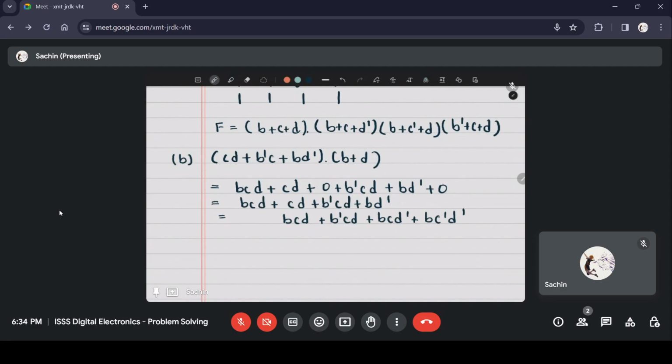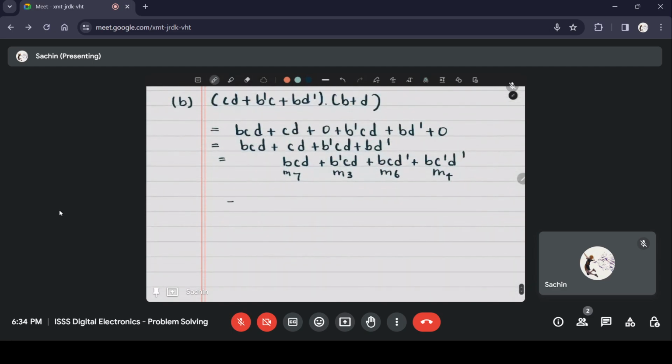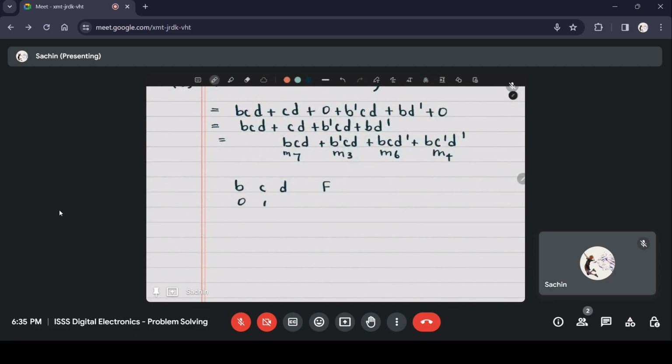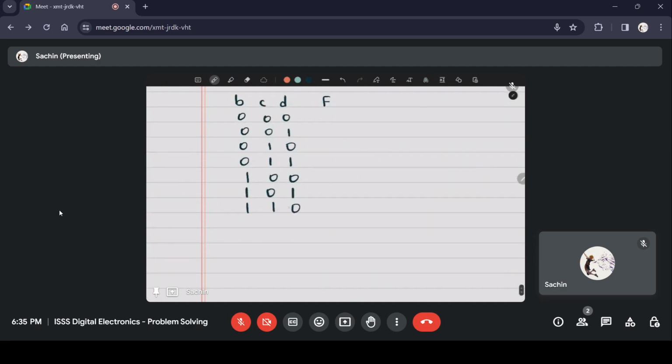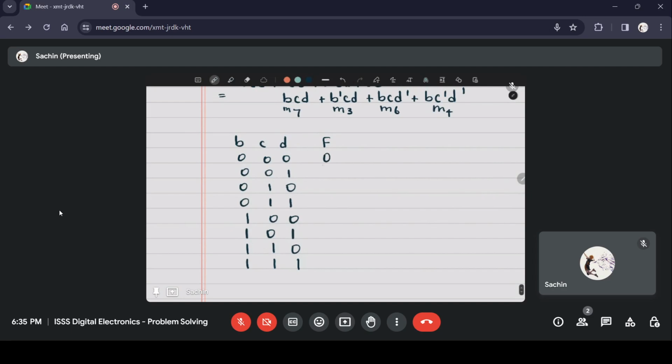This is M7, M3, M6, M4. M0, M1, M2, M3, M4, M5, M6 and M7.